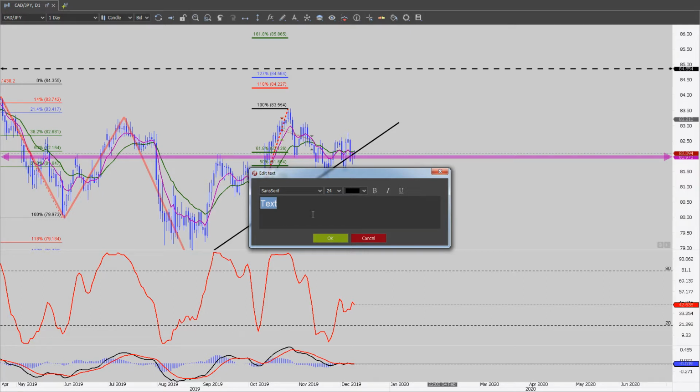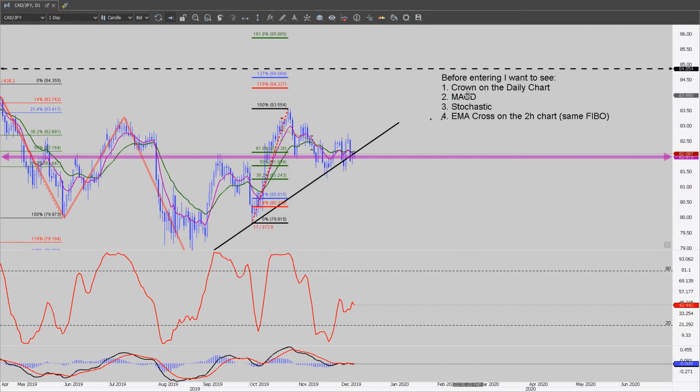So before entering, I want to see, number 1, a crown on the daily chart, 2, MACD, 3, stochastic, and number 4, EMA cross on the 2-hour chart, same for Fibonacci.